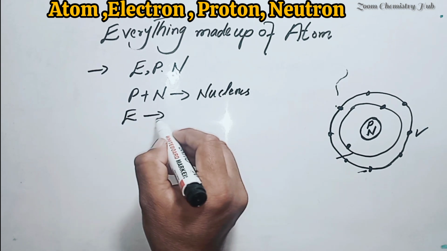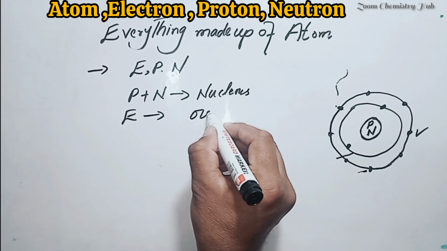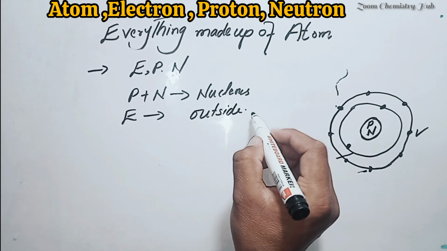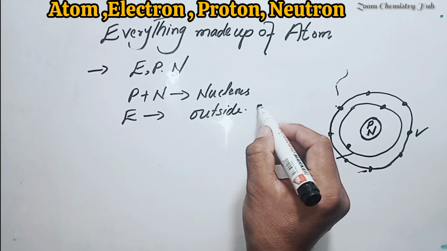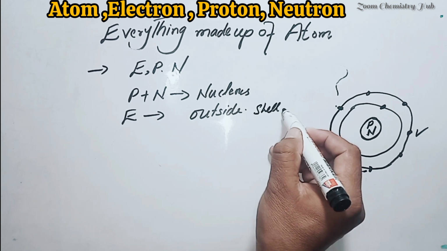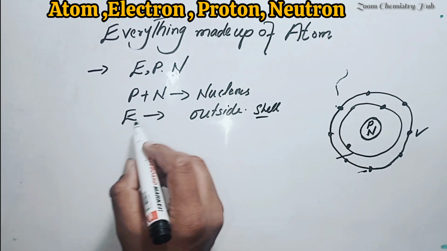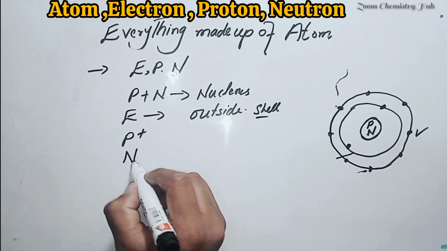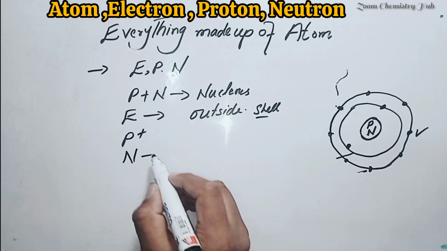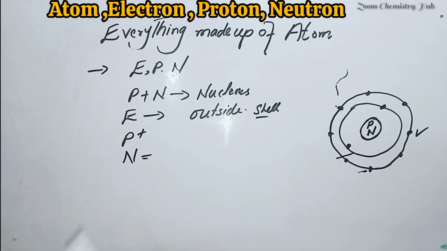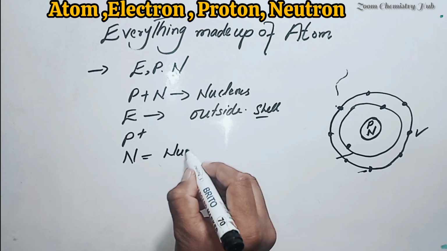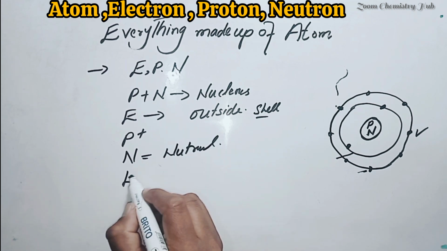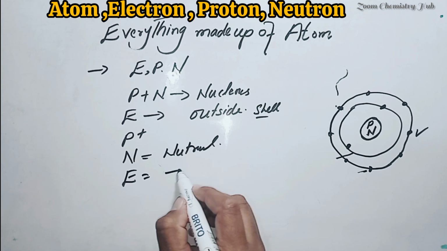Electrons are present outside the nucleus, in different shells or energy levels. Protons carry positive charge, neutrons are neutral, and electrons carry negative charge.